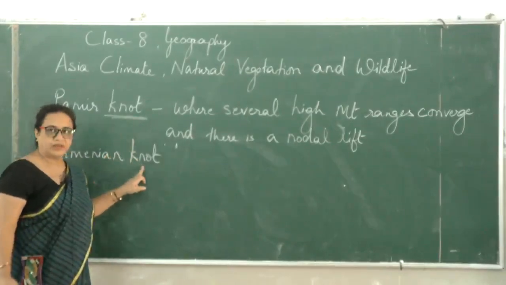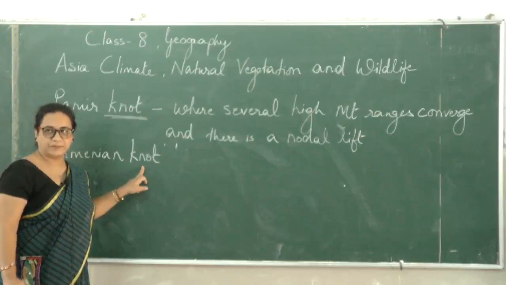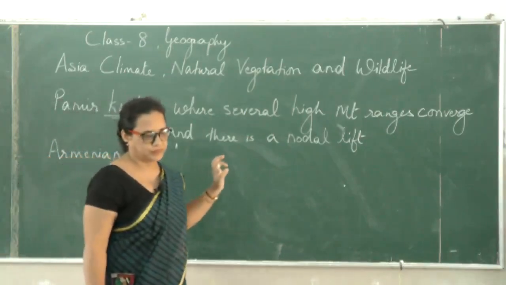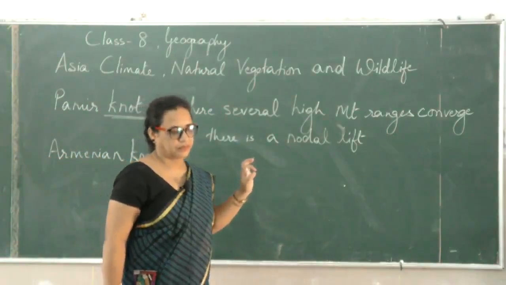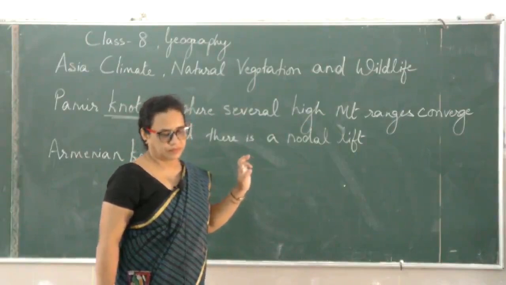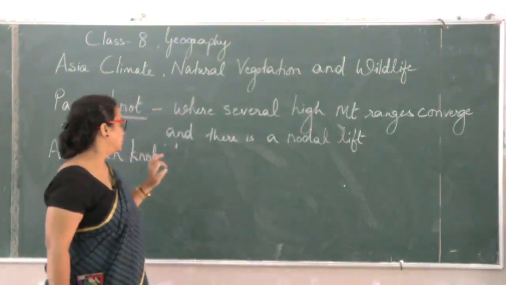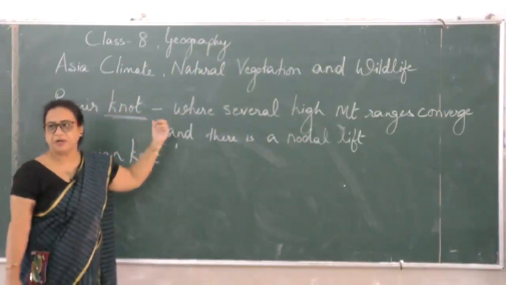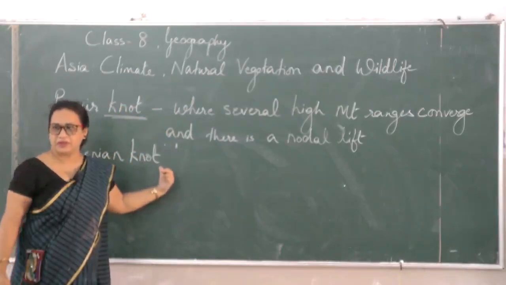Whereas Armenian knot is situated in Western Asia. Then next difference, height difference. Pamir is higher and Armenian is lower than the Pamir knot.